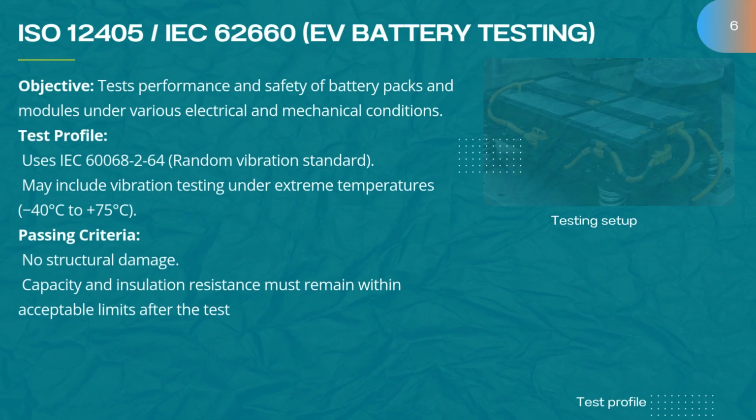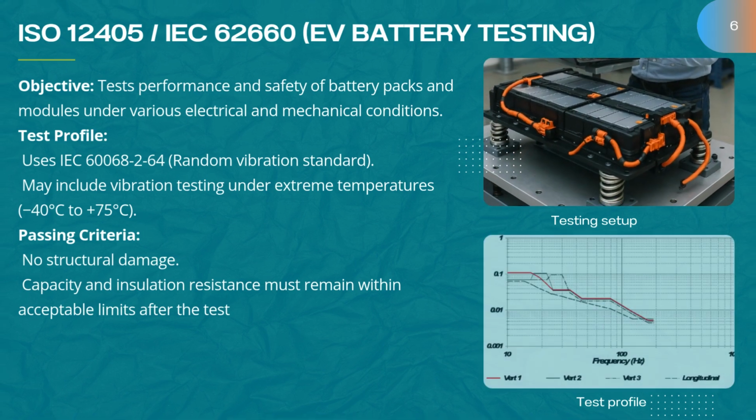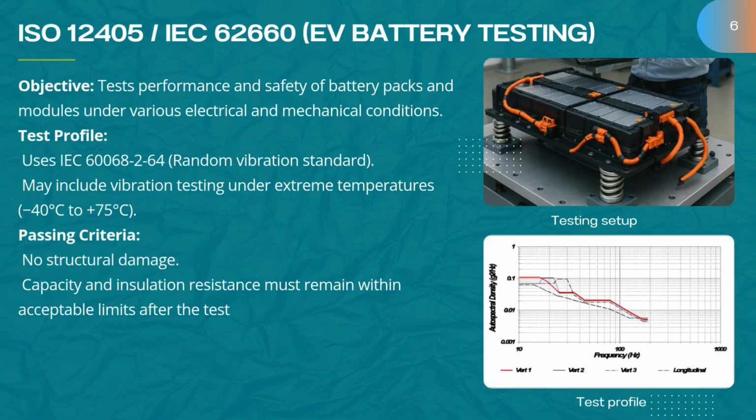This standard focuses more on how battery packs handle both electrical and mechanical stress, especially in real-world EV conditions. It follows a random vibration profile based on IEC 6068-2-64, which is different from the sinusoidal sweeps we saw earlier.